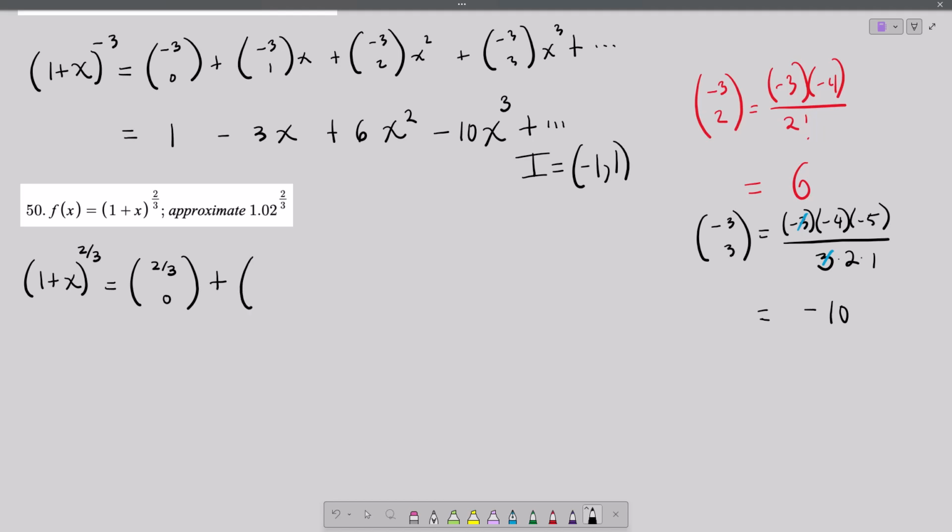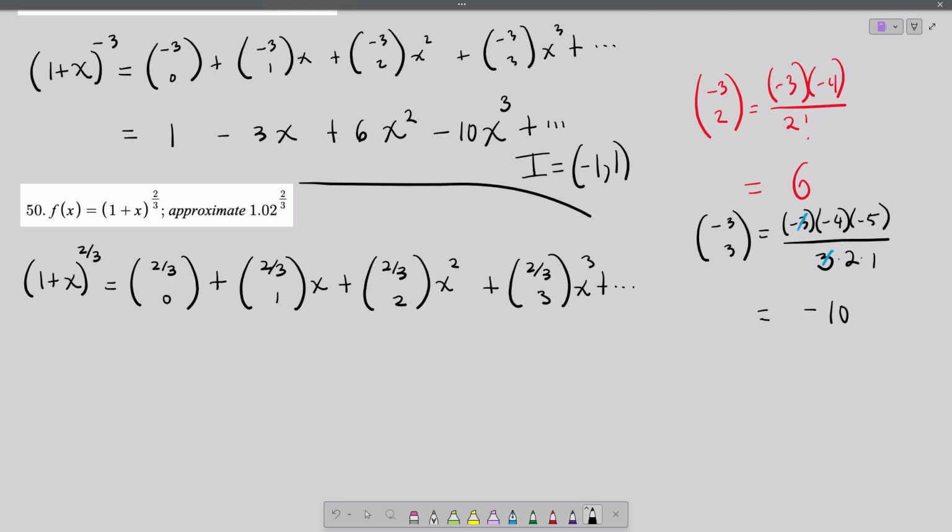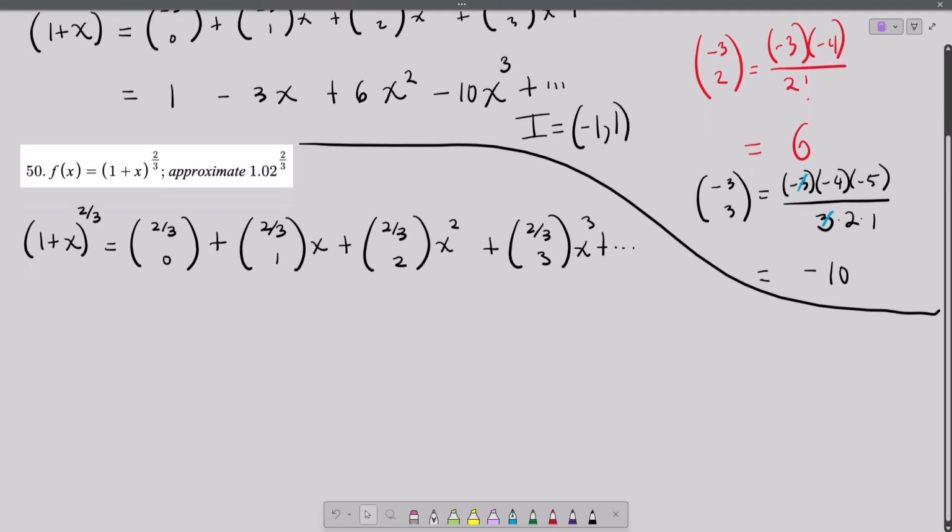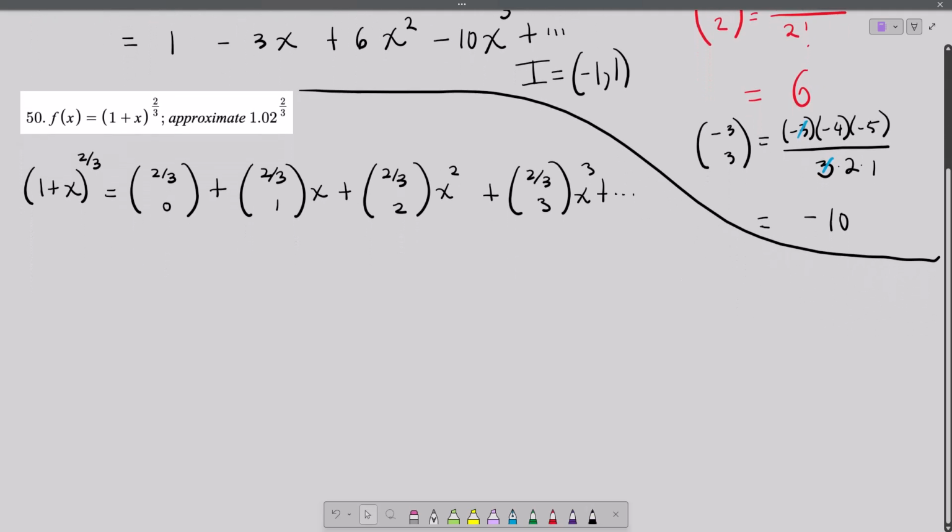And then we're going to have 2/3 choose 1 times x, and then 2/3 choose 2 times x squared, and then 2/3 choose 3 x cubed plus etc. So there is our generic expansion.